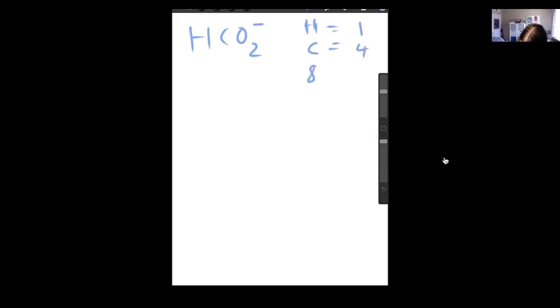The 2 oxygens are each going to give me 6, times 2 is 12. And then the negative sign is going to give me another 1, because it's an ion. It's not neutral, it has an extra electron. So we have 12, 13, 14, 18 valence electrons.